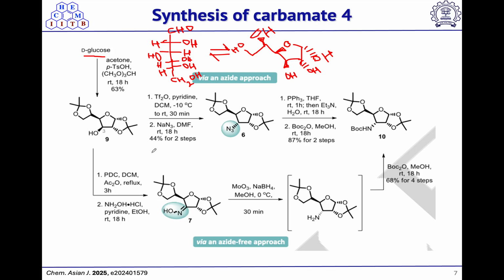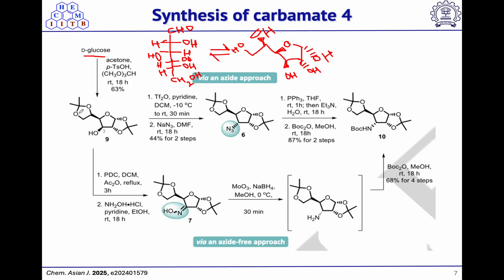Any doubt? If you have any doubt, then you can write in the comment section. So we should know how this reaction is happening. D-glucose to this compound 9 is known as glucose diacetonide. Acetonide means the acetone protection of a 1,2 diol. So this is the monoacetonide, and a total of two acetonides are there.